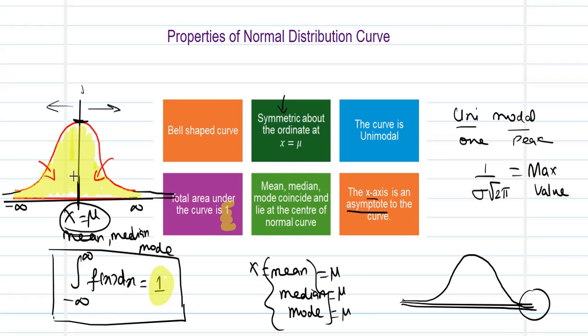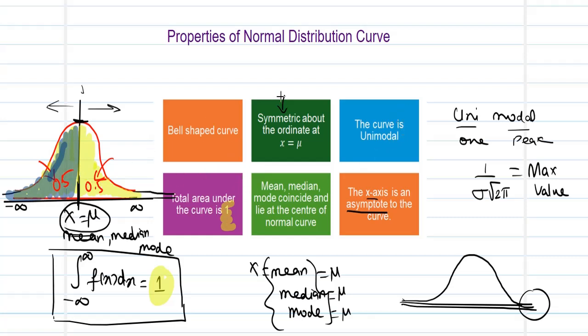Total area is 1. So this portion is going to be half the area, and this is half the area. This half of the area is going to be 0.5 for me, and this half of the area is going to be 0.5 for me, because they are mirror images of each other.